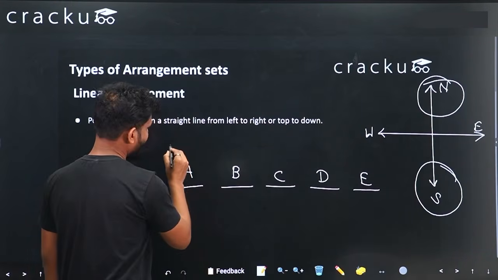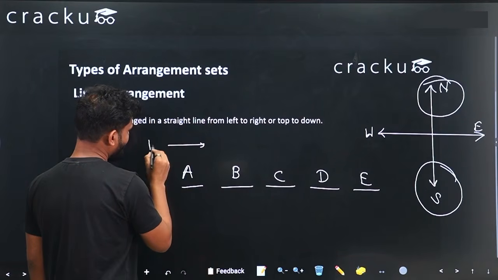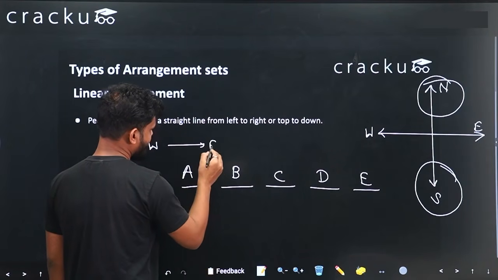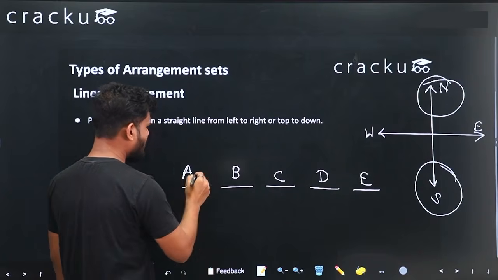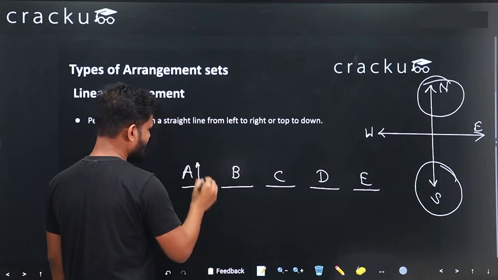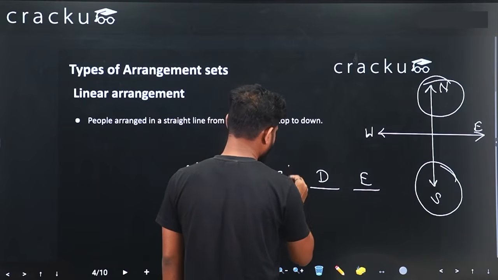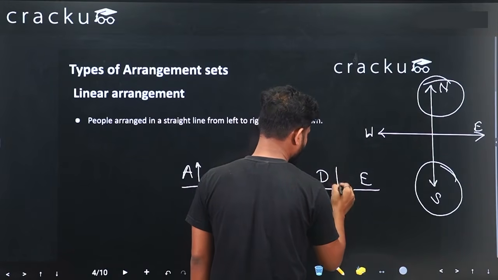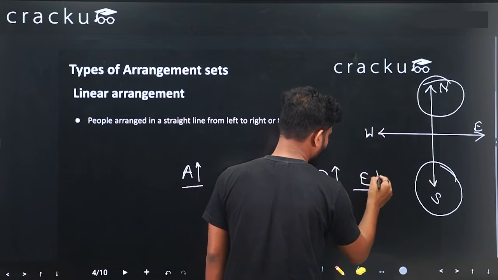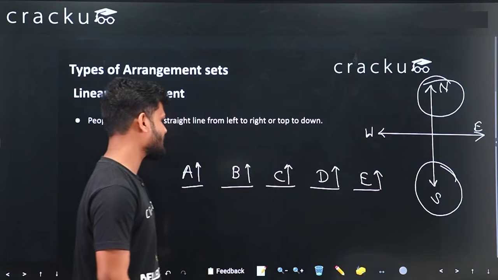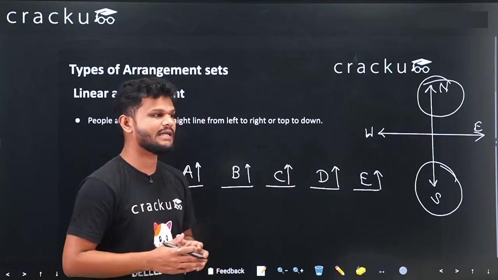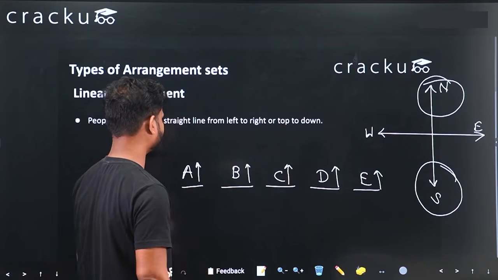So if I see from here, I am going from west to east direction. If all of these people are facing the north direction, if it is not mentioned, we assume that they are facing north. If it is mentioned in the question that they are facing the south direction, then you have to assume that they are facing south. Now assume yourself that you are facing this up direction.